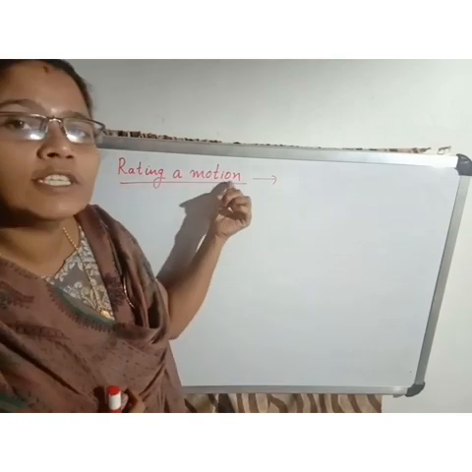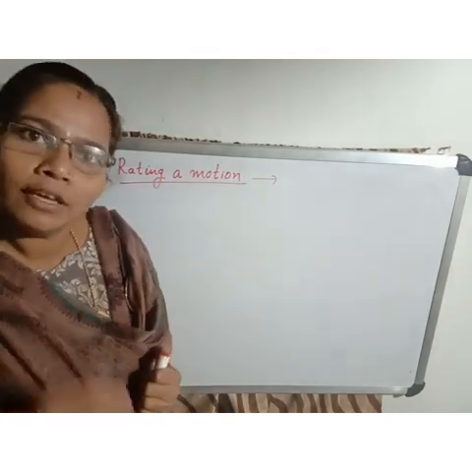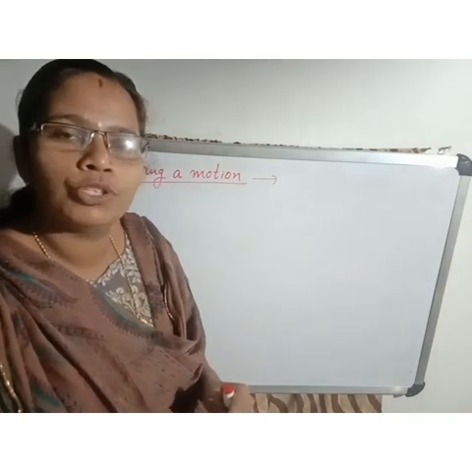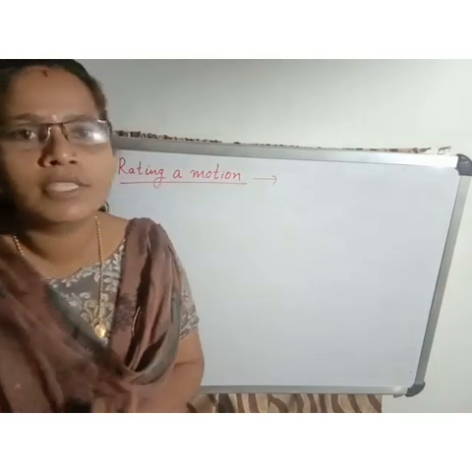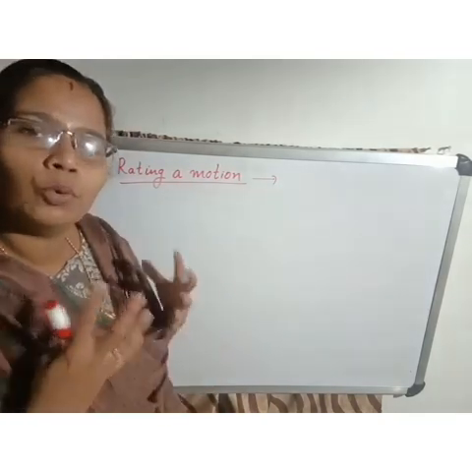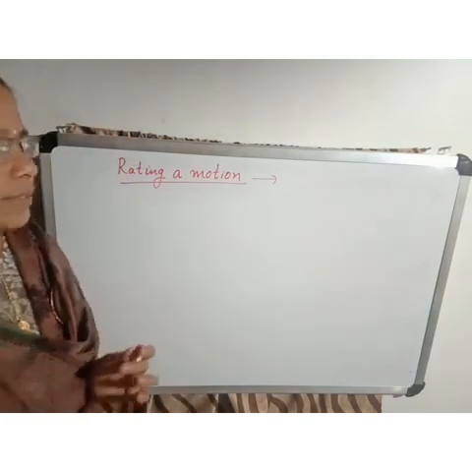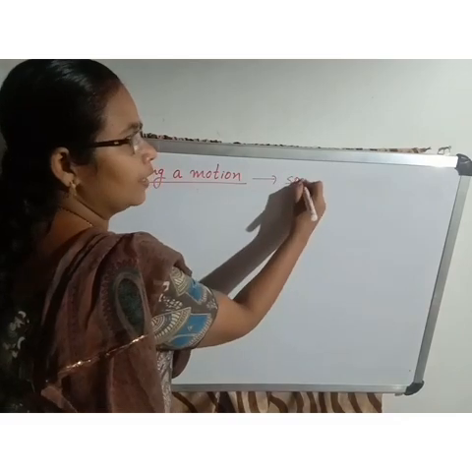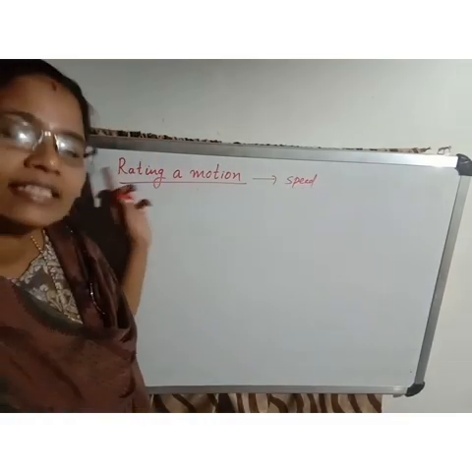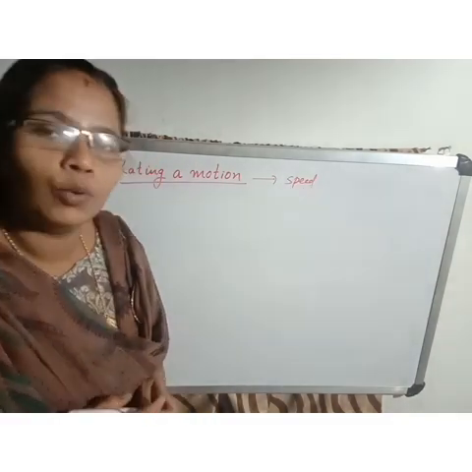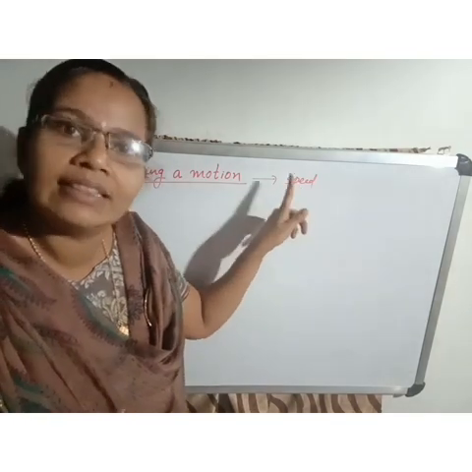In terms of motion, we wish to know whether the motion is slow or fast. For knowing whether the motion is fast or slow, we use another term, which is speed. So we rate a motion by calculating the speed.